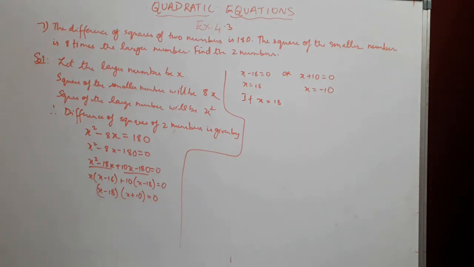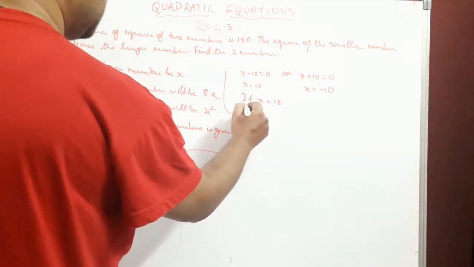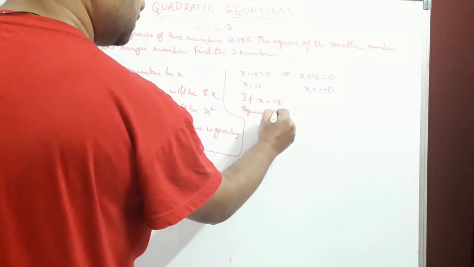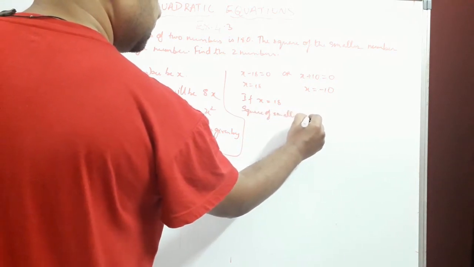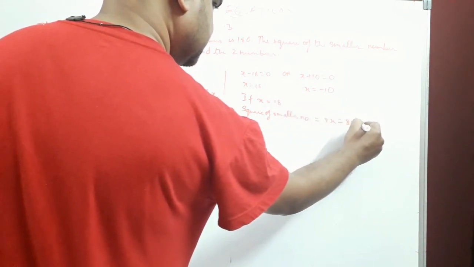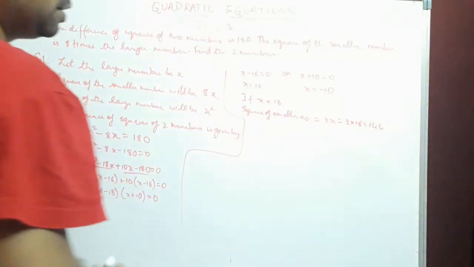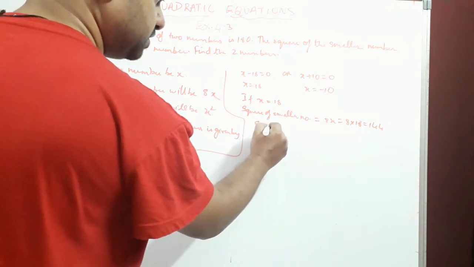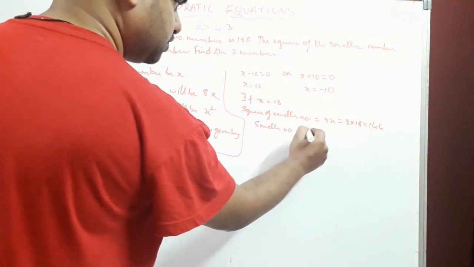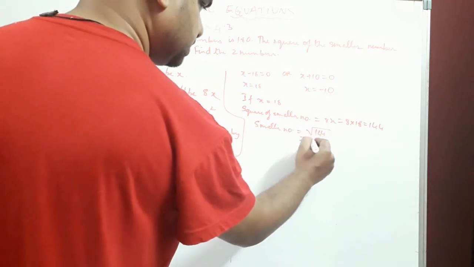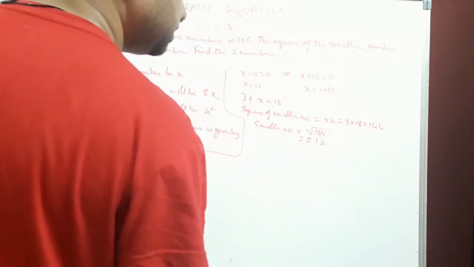If x is equal to 18, then the square of the smaller number is given by 8x, which means it will be 8 into 18, and we get that as 144. So this is the square of the smaller number. Now, if it is the square of the smaller number, that means the smaller number has got to be the square root of 144, which will be either plus or minus 12.